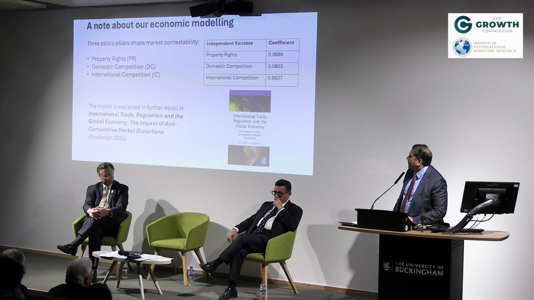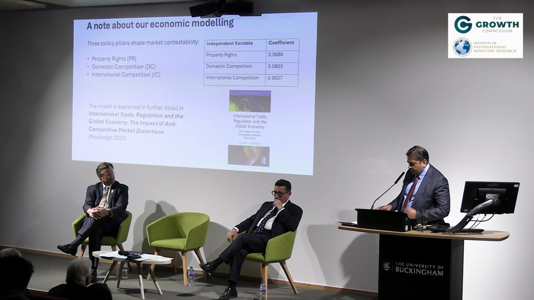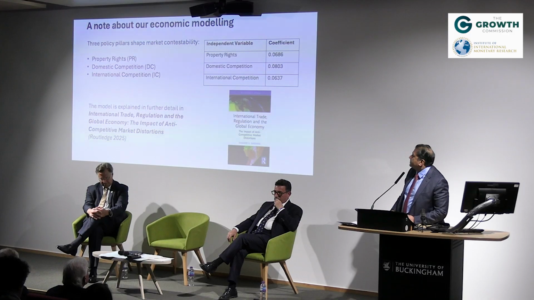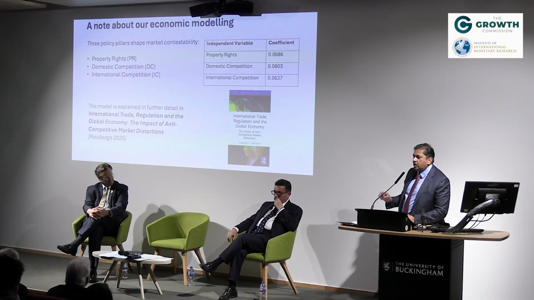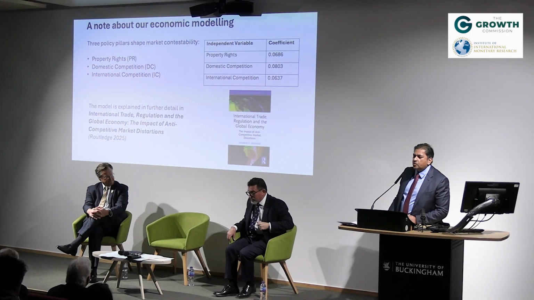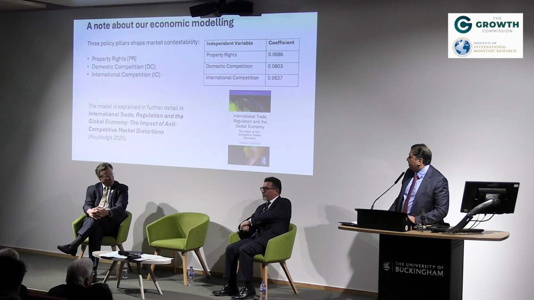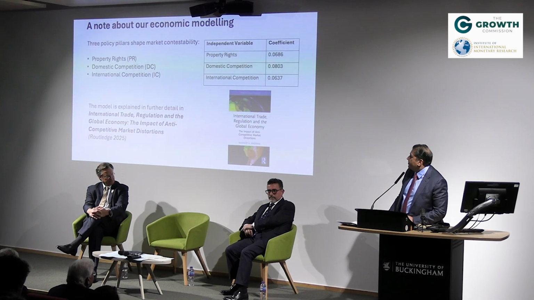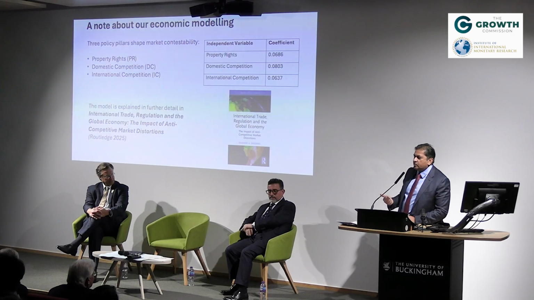And these models, the ACMD model, the distortions model, looks at regulatory issues, and it looks at three fundamental pillars that are closely correlated to GDP per capita growth. So movements in these pillars are closely correlated to GDP per capita, and these are basically international competition, which is essentially your trade openness.